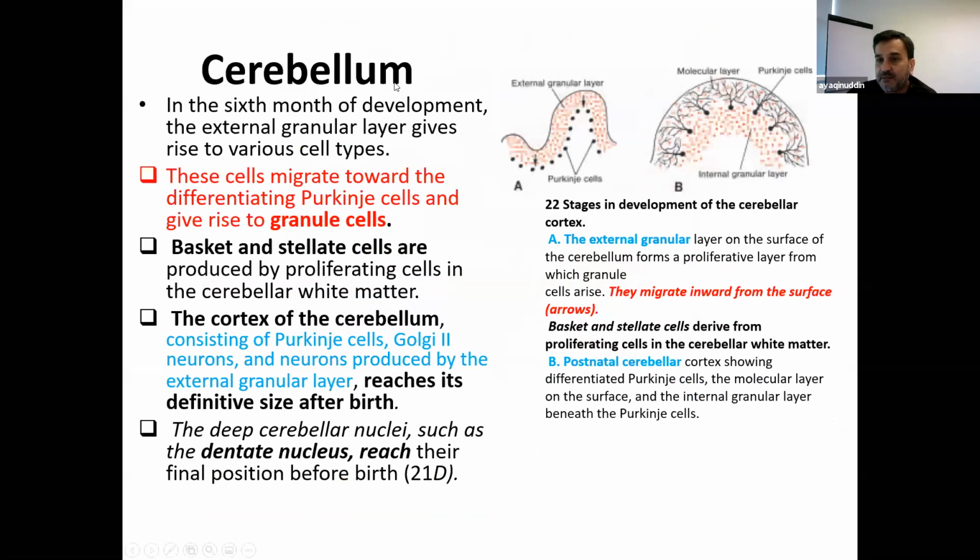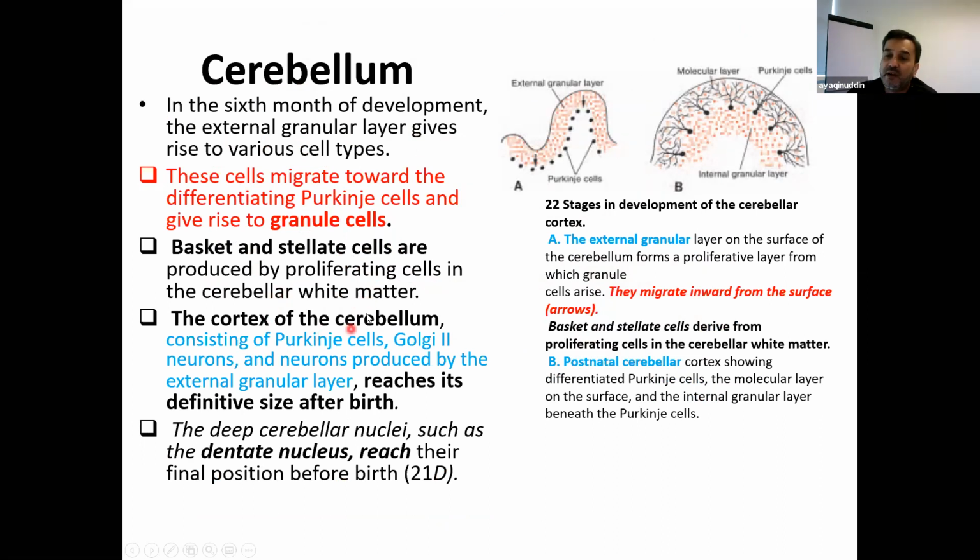So in the 6th month of development, the external granular layer gives rise to various cell types, and these cells migrate towards the differentiating Purkinje cells and give rise to the granule cells. Basket and stellate cells, which you see in the cerebellar cortex, are produced by the proliferating cells in the cerebellar white matter.